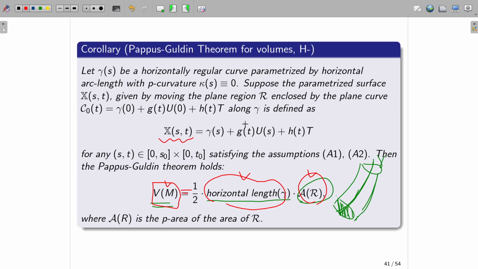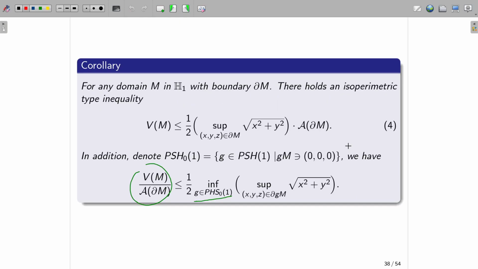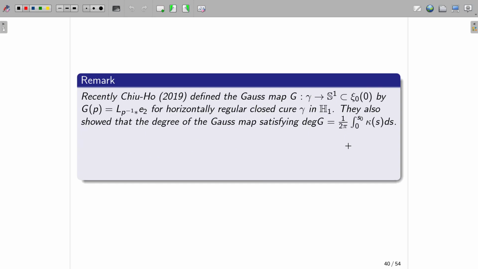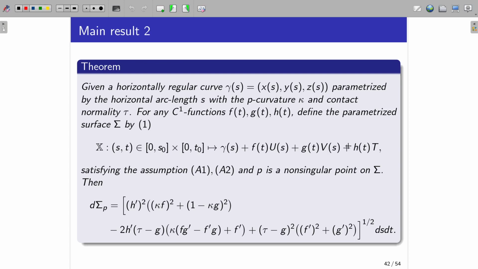And I would choose some appropriate G and H, actually satisfying the assumptions A1 and A2. So what are A1 and A2? Let's check it. Oops. I forgot to put A1 and A2 in the slides. I think you can check the paper if you like.